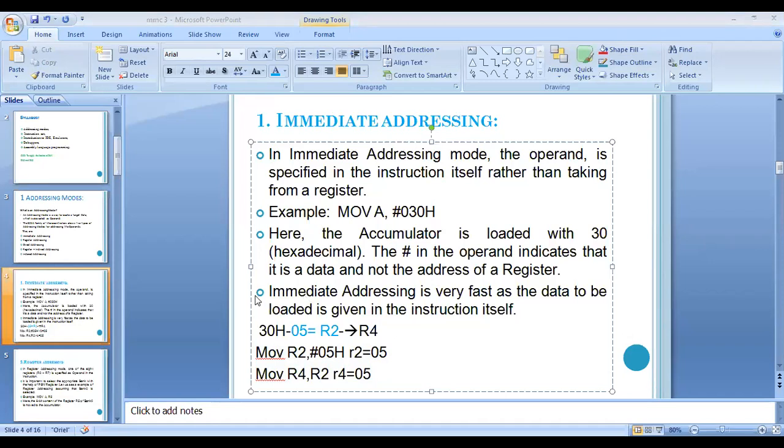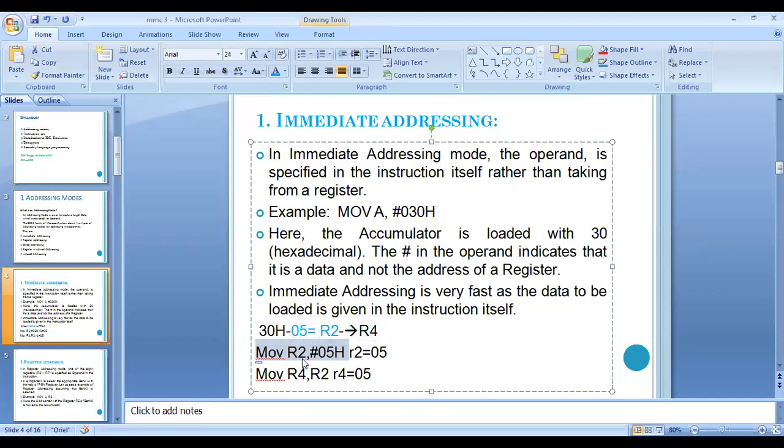Okay, see, I will repeat once again. Some of the students told me to repeat. Now see here. In the register addressing mode, what do I have to mention? In the register addressing mode, you have to mention the name of the register where your data is stored. Now for example, I want to assign value 05 to R2 register, R4 register. If it is immediate, I directly mention the same value in the instruction.